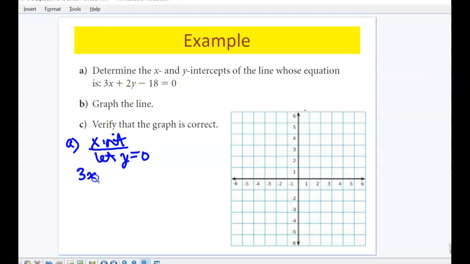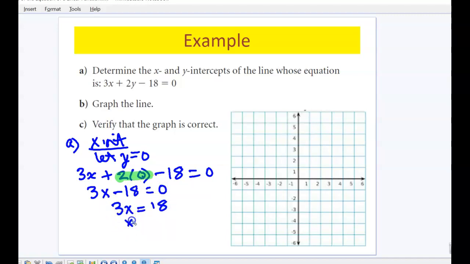So it's going to be 3x plus 2 times 0 minus 18 equals 0. Well, this part here, 2 times 0, just drops off, so I'm left with 3x minus 18 equals 0. I'll add the 18 to the other side, divide both sides by 3.